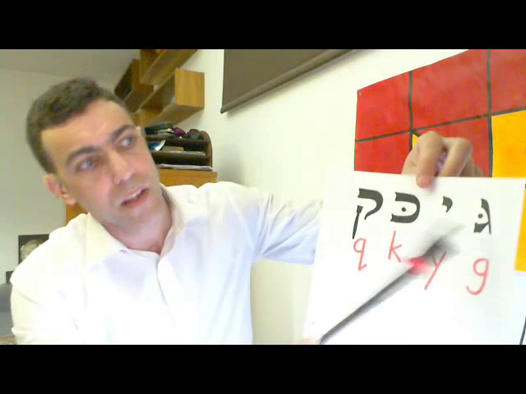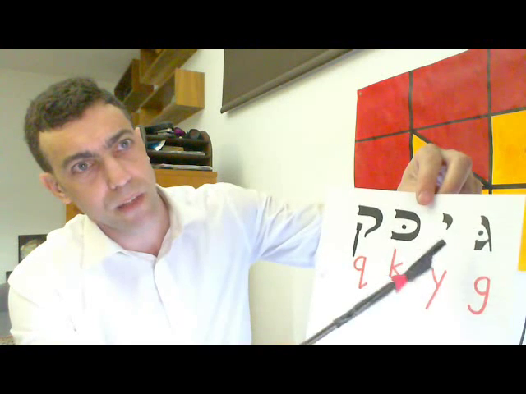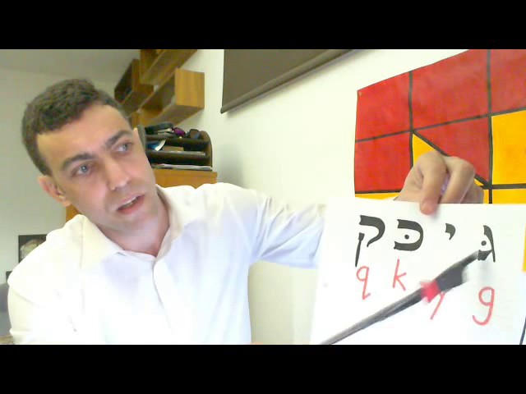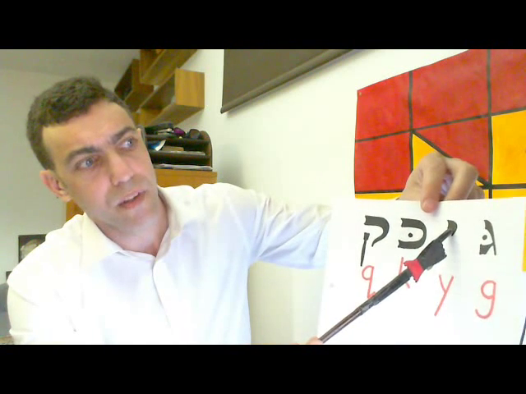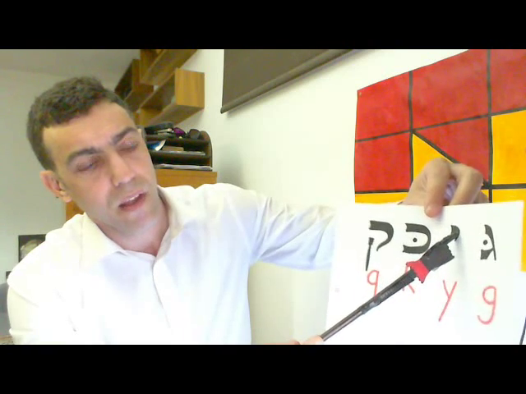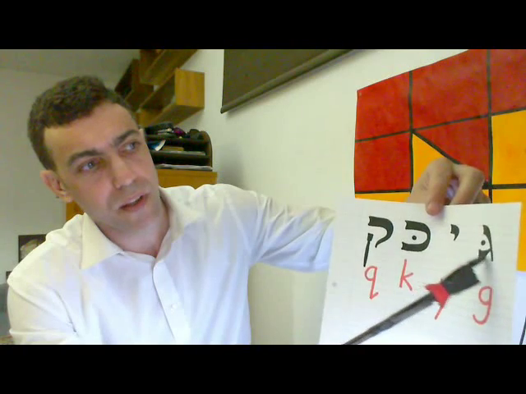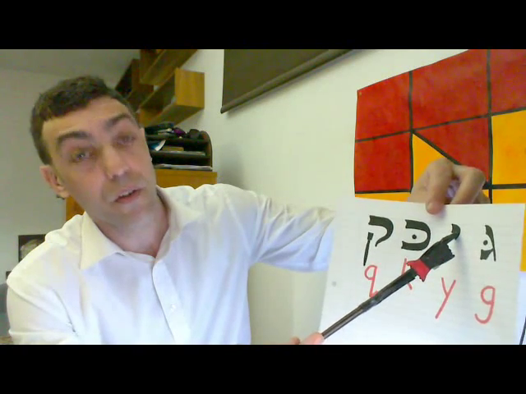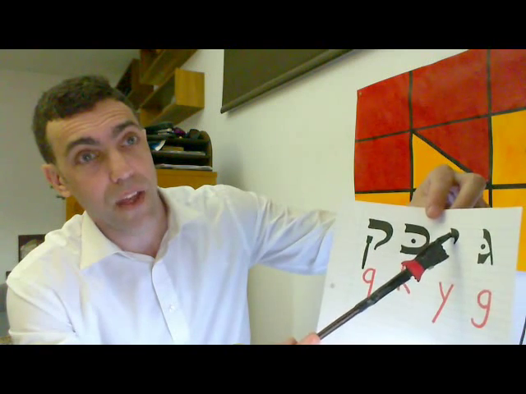It's a little line coming down with a little foot sticking off the end of it, and a dot in the middle. It must have this dot. The next is Y. As a consonant anyway, it's pronounced Y. So G and Y. Also, your tongue is touching the top of your mouth at the back.